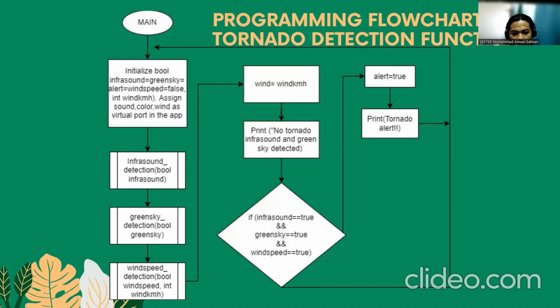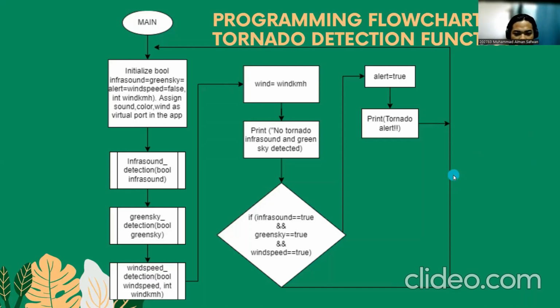If the wind is false, it will print not tornado, infrasound and green sky detected. If all three sensors are true, it will print the tornado alert, which will give siren sounds to the community.